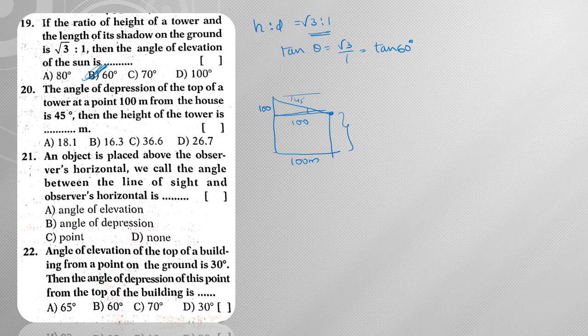The angle of depression of the top of a tower at a point 100 meters from the house is 45 degrees. Then the height of the tower. Now this particular distance is 100.